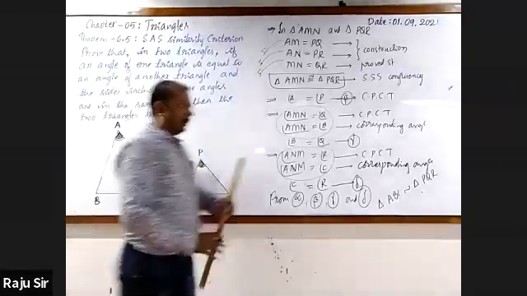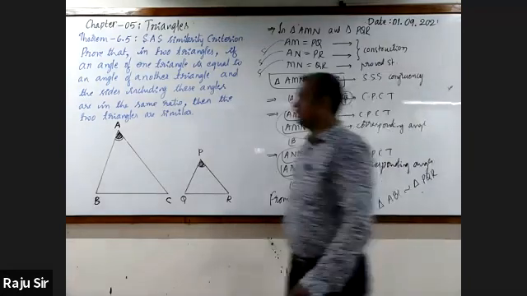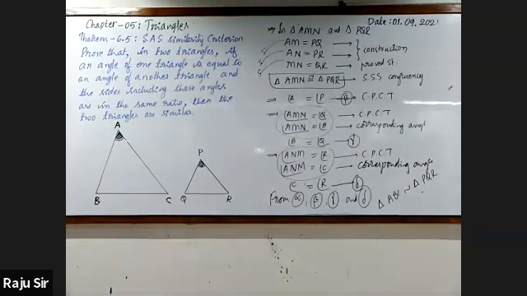Then AB by PQ equal to AC by PR. In the figure we have to show we have taken corresponding sides, but directly we should write in data.